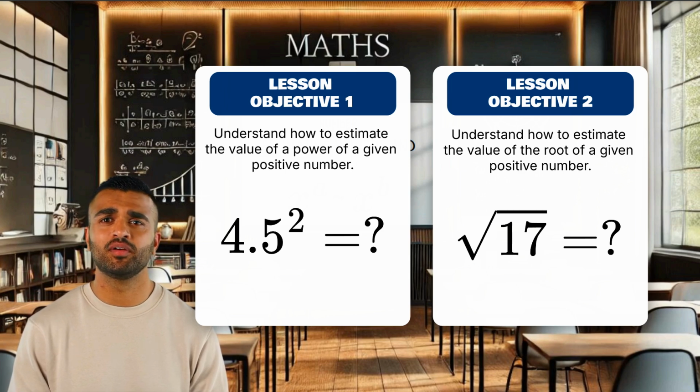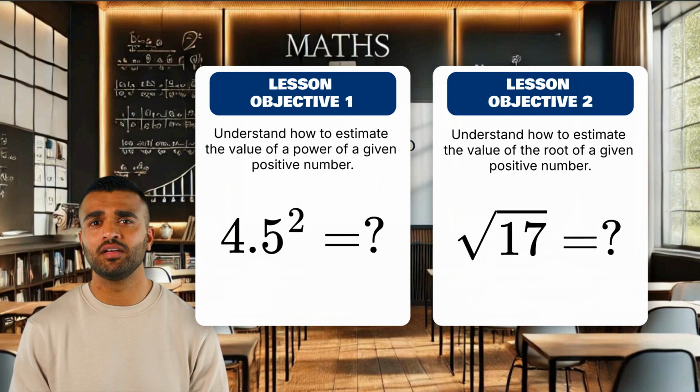We utilized the proximity of perfect squares and cubes to the given number and interpolation techniques. This allowed us to estimate square roots and cube roots, as well as squares and cubes of numbers with a decimal part. Through practice problems, we solidified our understanding of these estimation techniques, emphasizing their utility in making quick, reasonable approximations without exact calculations.